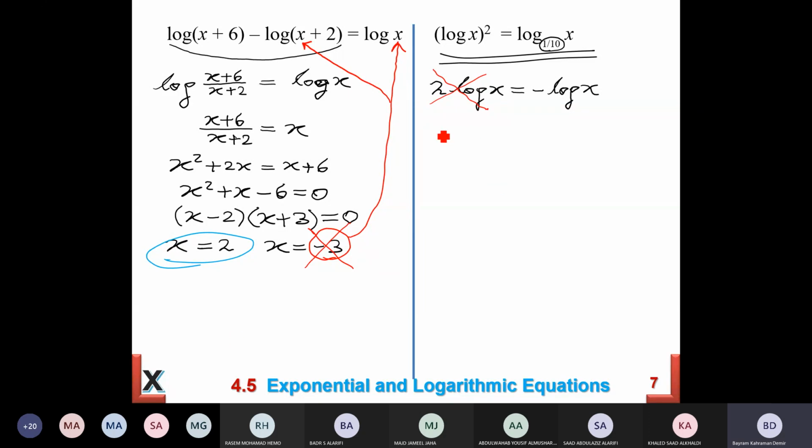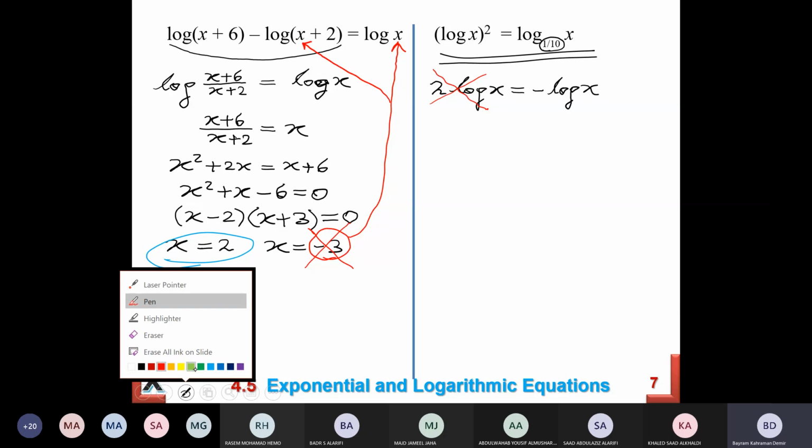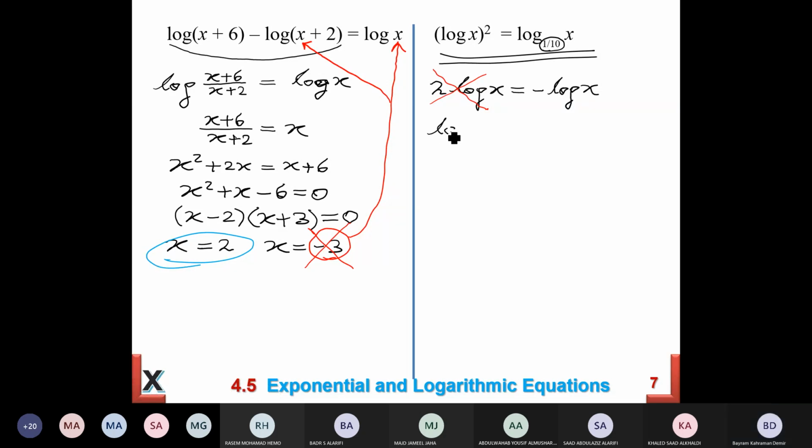So basically, Shabab, the correct one is logarithm of x multiplied by logarithm of x, if you like. That means it is the square of logarithm x. And on the other side, we have minus logarithm x.